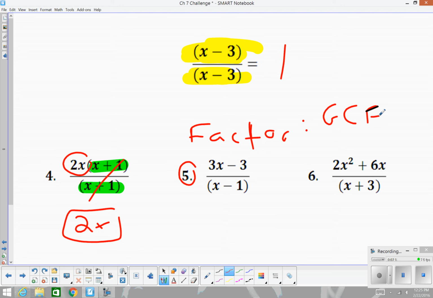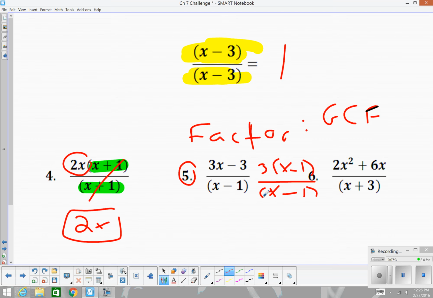So looking at 3x minus 3, I could factor out a 3. So if I factor out a 3, I'm going to be left with 3 times x minus 1. All right, if I took out a 3, 3 times x is 3x, 3 times negative 1 is negative 3. It's going to be all over x minus 1.